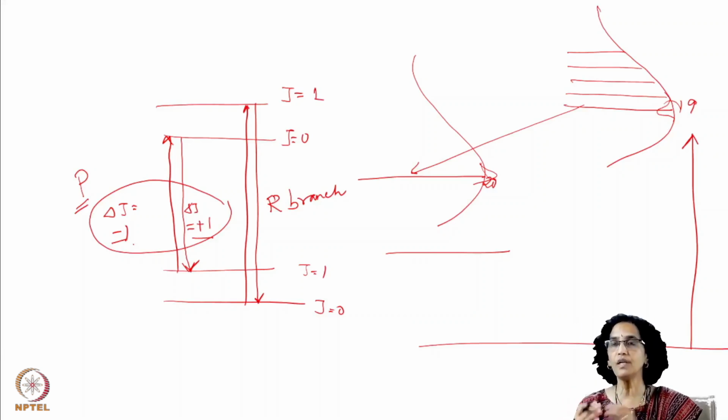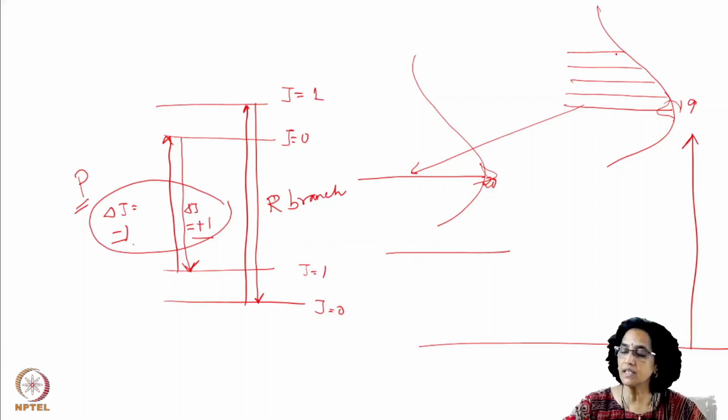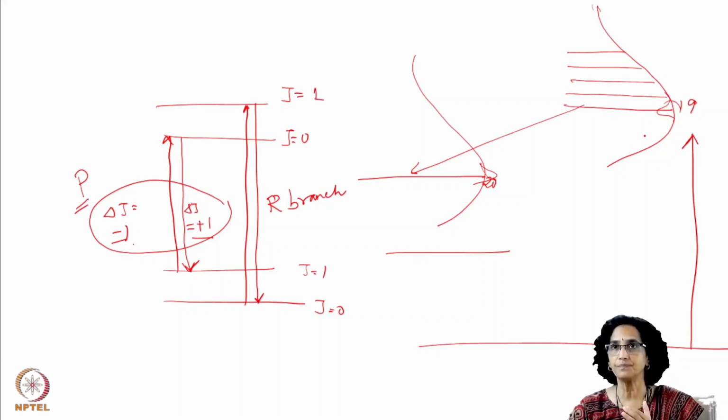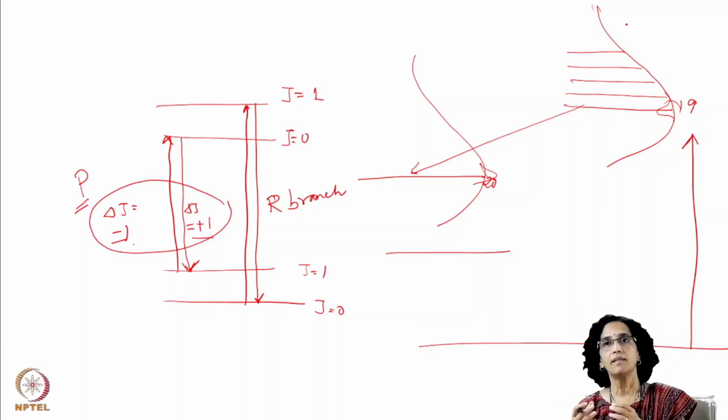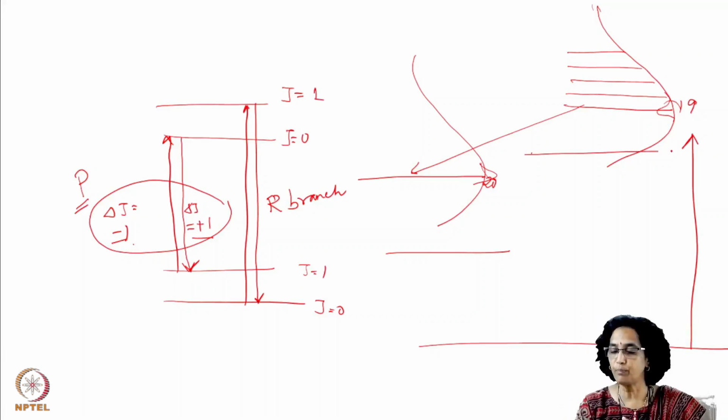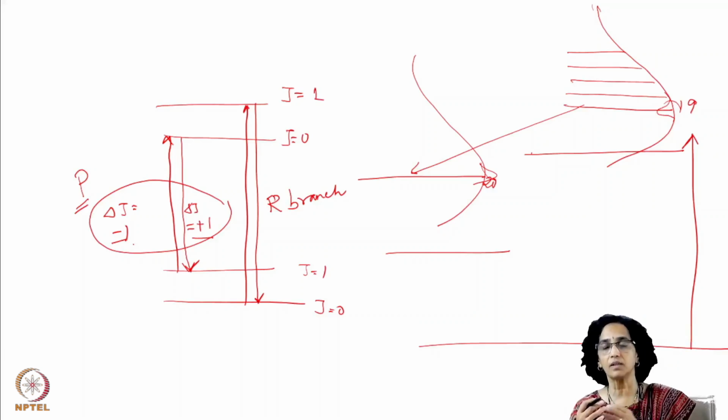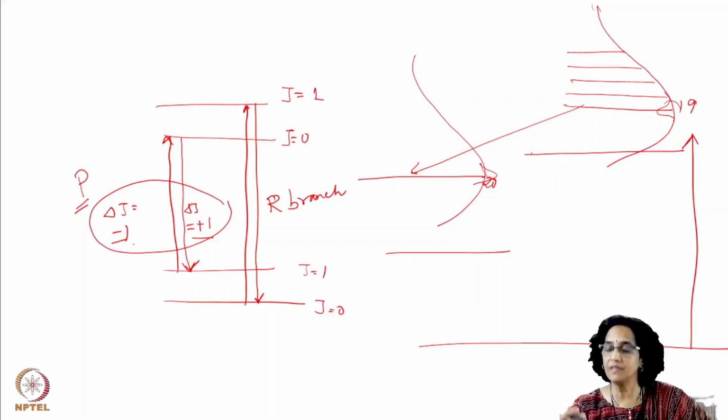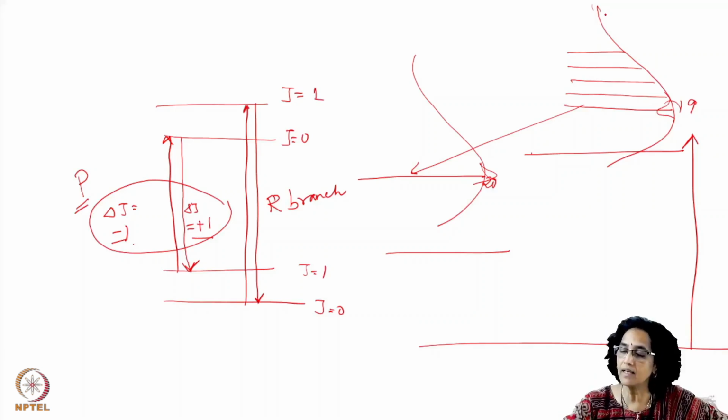So through collisions, there is a constant redistribution of population between these rotational levels so that this equilibrium is always tried to be maintained. Otherwise, how do you have this population distribution, right? It is because the population which comes to this vibrational level has constant collisions with other molecules, and eventually it assumes this distribution.